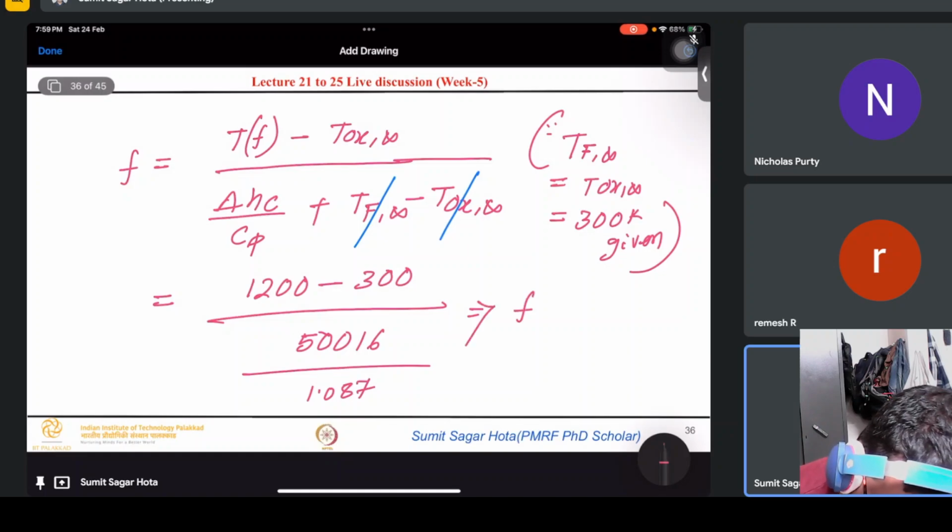Now if you solve, you will get f as 0.0196 at 1200.